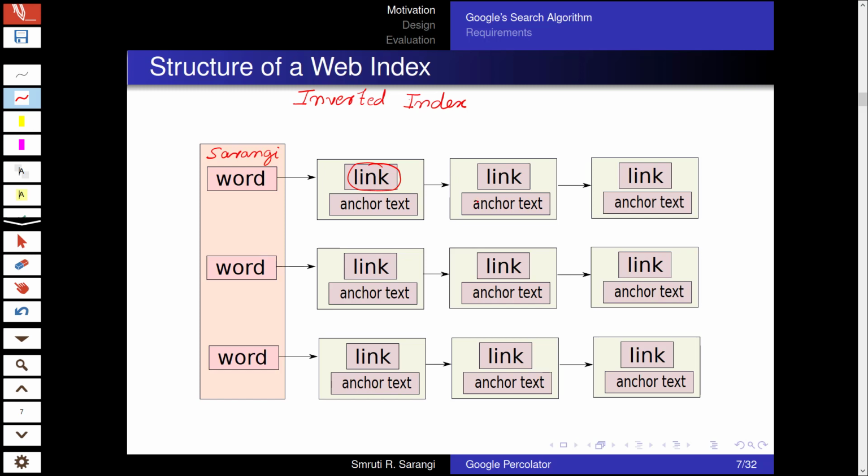We have multiple links, and along with each link, we have the anchor text. If I were to consider my first name, again we would have a set of links.